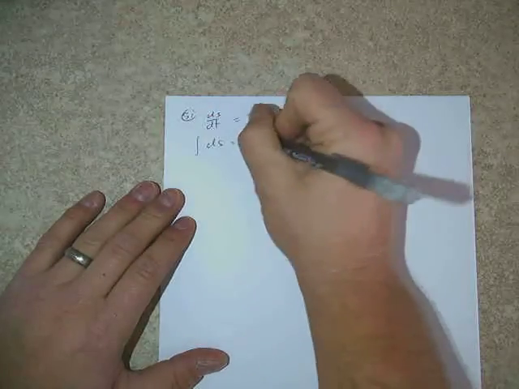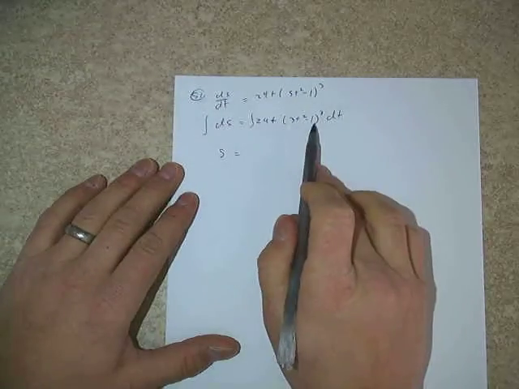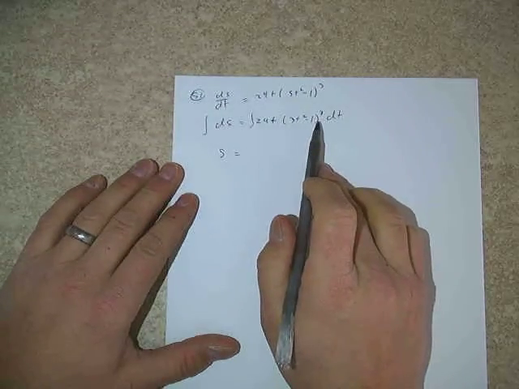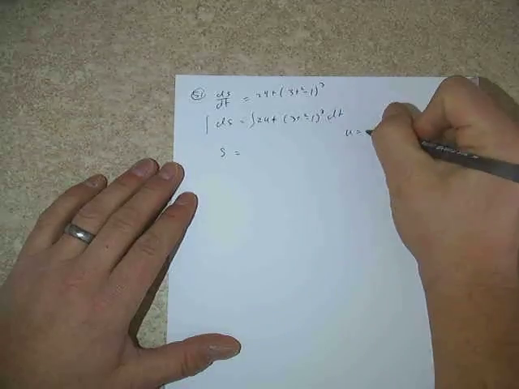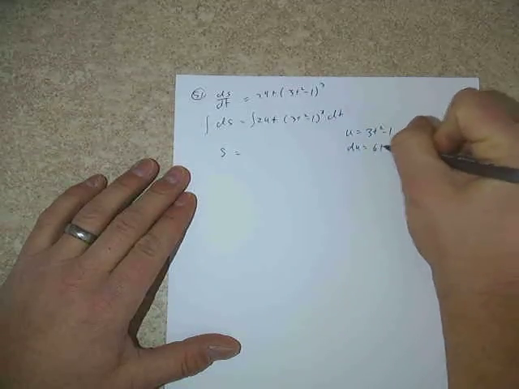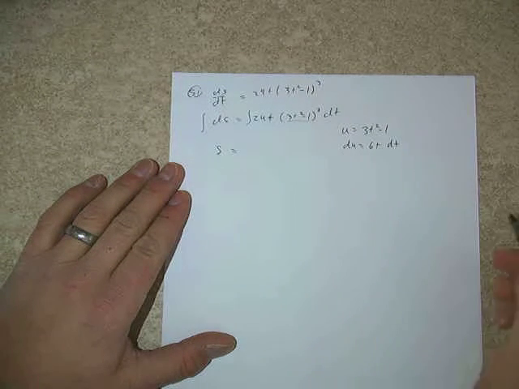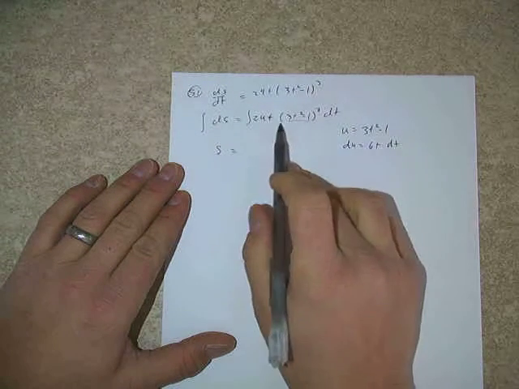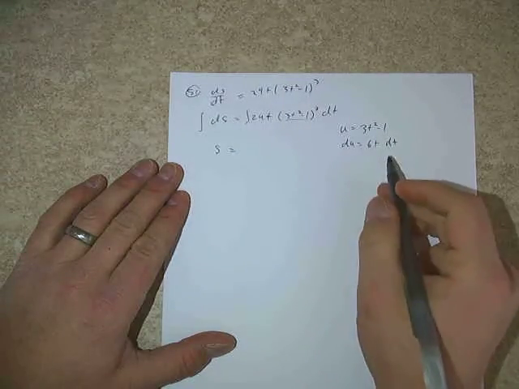If we anti-differentiate both sides, we get s on this side, which is convenient. On this side, we have a choice again. We could either multiply all this out and have a power function, or we could use substitution. If we use substitution, our u would be 3t squared minus 1. Du would then be 6t dt. But we have 24t dt, and here we have 6t dt.